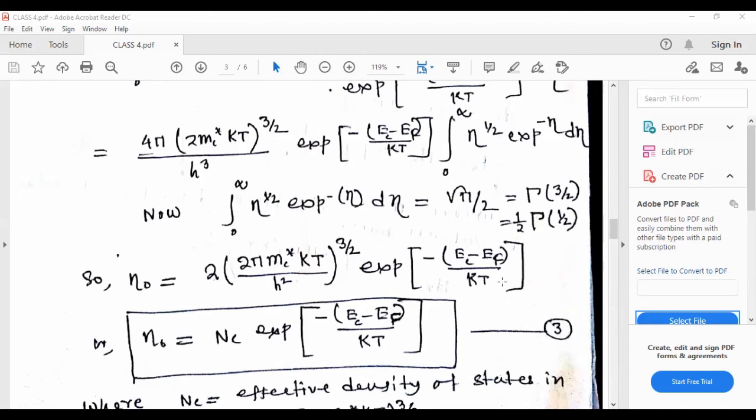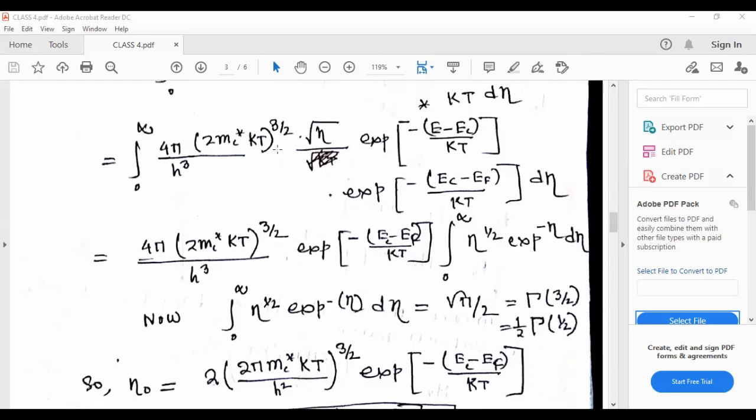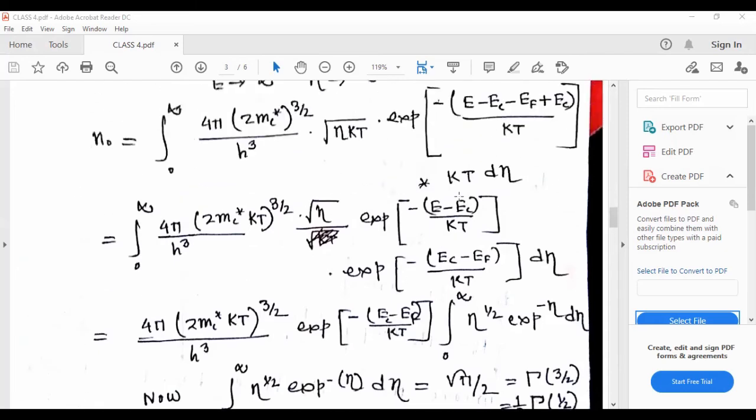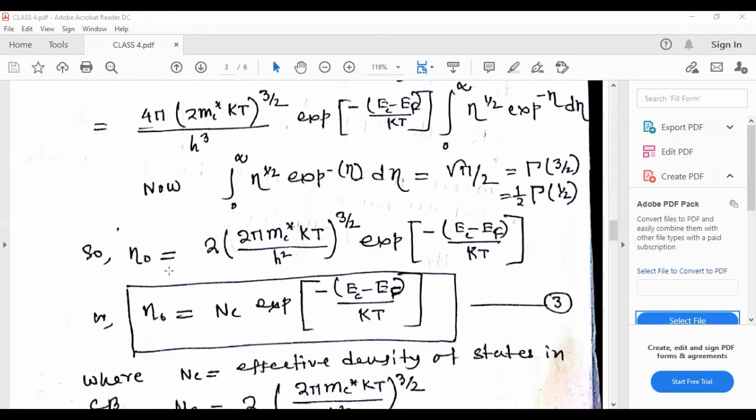So from there, if you replace this integration value in this equation, then we will have this value of N0. What is N0? Total number of electrons in the conduction band is 2 times (2 pi mc star kT upon h square) whole power 3 by 2, into exponential of minus (Ec minus Ef) upon kT.